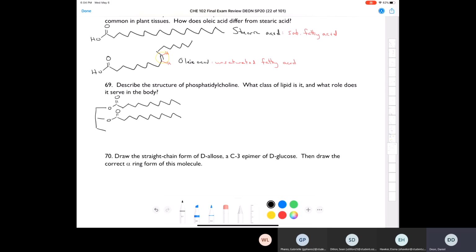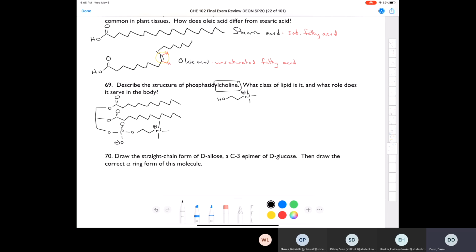Now, a choline is this molecule here. It's when you have a hydroxyl, 2 carbons, and then you have a nitrogen with a positive charge like this. So the phosphatidylcholine, and again, you don't have to have this memorized, I'm just doing this for the sake of discussion. We have 1, 2, and then the charges balance out like this.